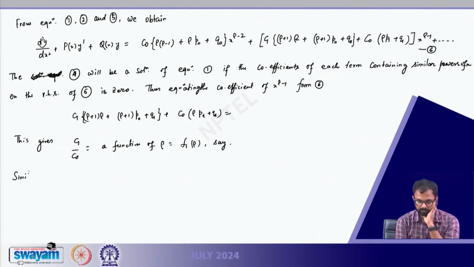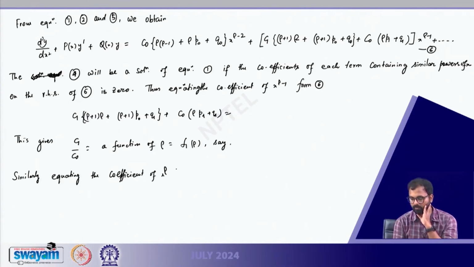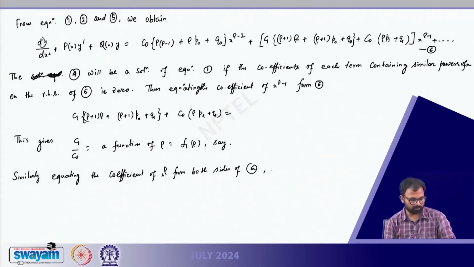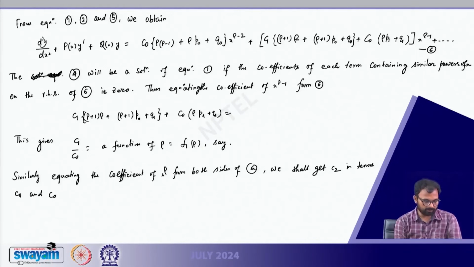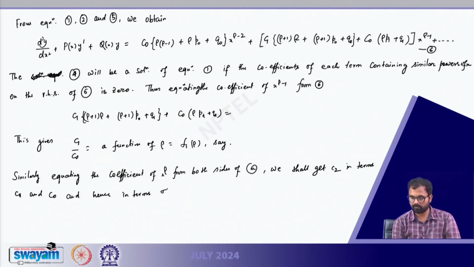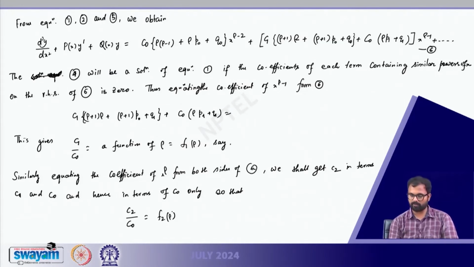So, similarly, equating the coefficient of x to the power rho from both sides of equation number 6, we shall get C2 in terms of C1 and C0, and hence in terms of C0 only, so that C2 by C0 is equal to F2(rho) and so on, right.